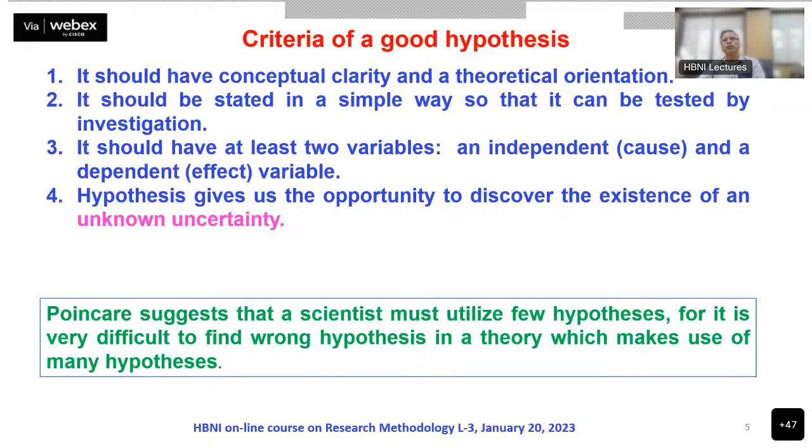So when you say a hypothesis may have two outcomes, which can go this way or that way, there could be an unknown uncertainty, means you have not envisaged, you have not factored that into your experiment. That is why in scientific research, you cannot be 100% sure that you will succeed in your experiments, because there could be some parameters which you have not factored. That is what is called the unknown uncertainty.